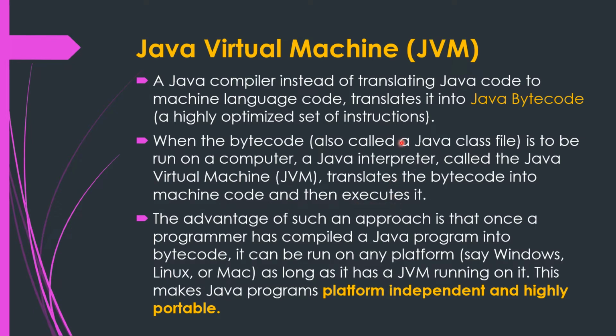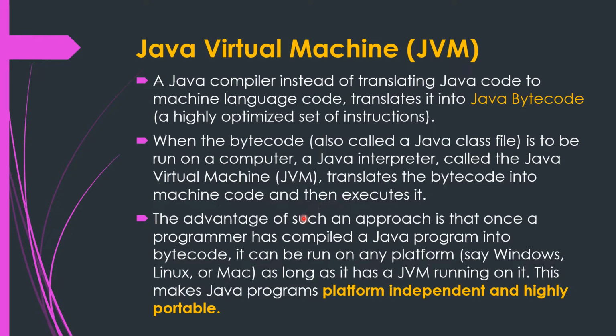And this Java interpreter is known as Java Virtual Machine or JVM. So if we are talking about Java, we write the Java code, the Java compiler translates it into Java bytecode, and then the Java bytecode is translated to machine language code by the Java Virtual Machine, and then it is executed.